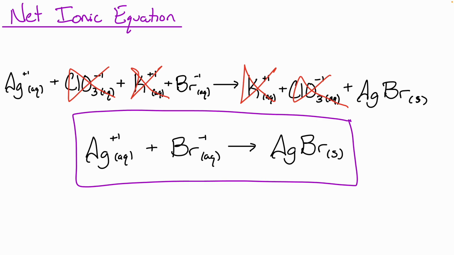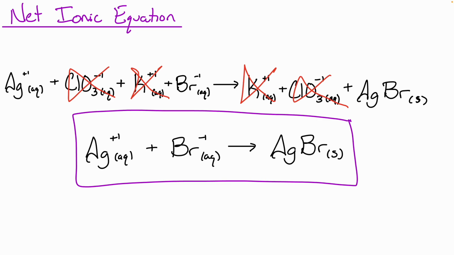We like our net ionic equation because it shows us what's really happening in this chemical reaction. Our chemical reaction here is all about those silver ions finding those bromide ions and forming solid silver bromide. These things that we crossed out, the potassium and the chlorate, what are they doing in this chemical reaction? Absolutely nothing. They are just sitting there floating around.